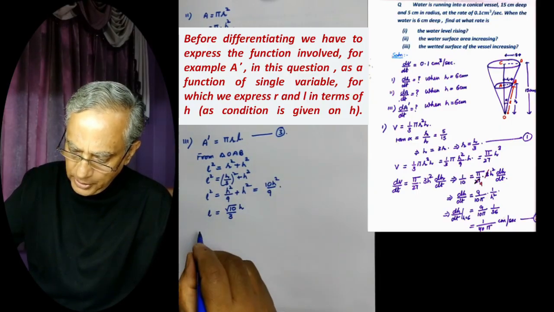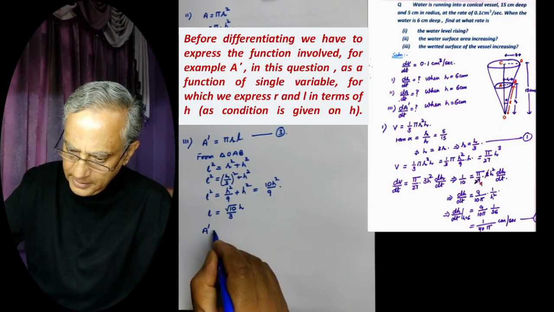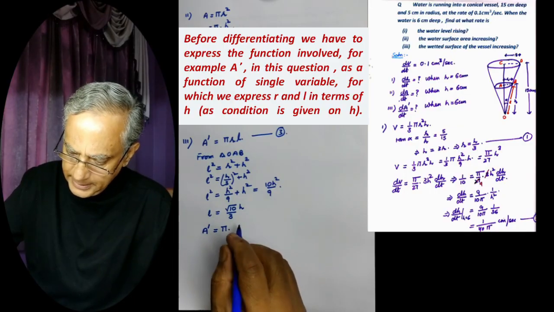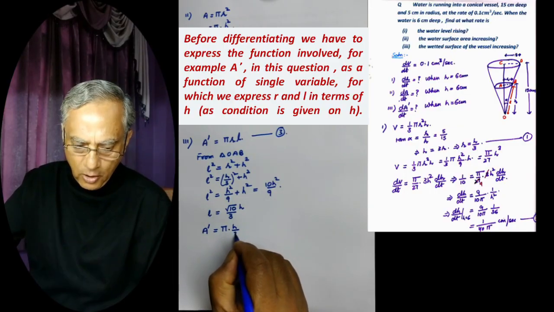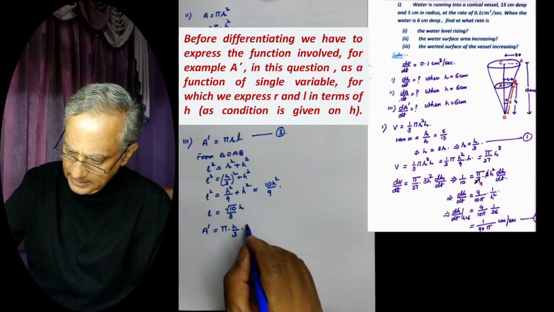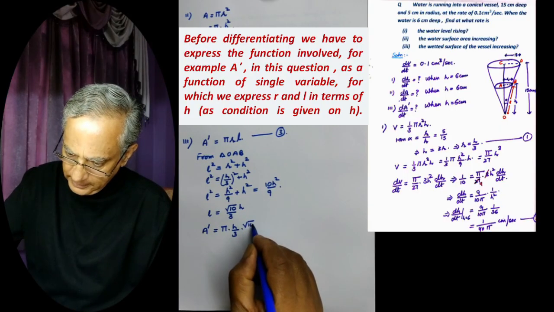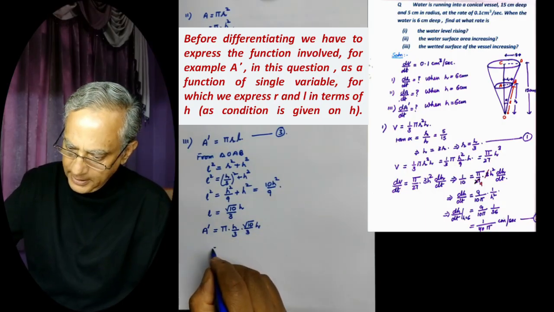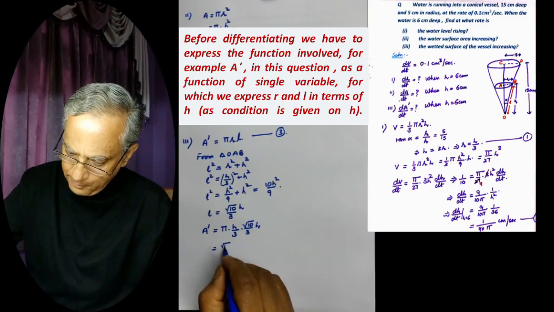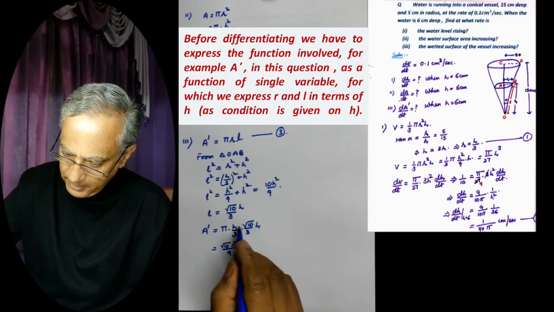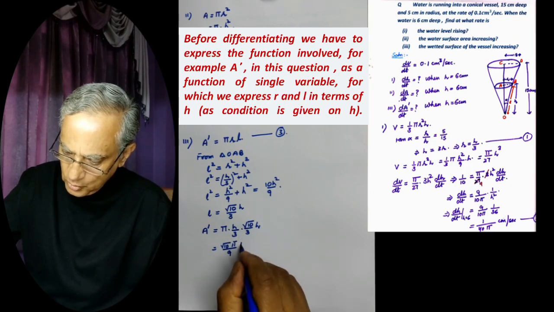Substituting in 3, we have A dash is equal to pi into R. R is H by 3 from equation 1, into L, which is under root 10 by 3 H, and this simplifies into under root 10 pi by 9 H square.